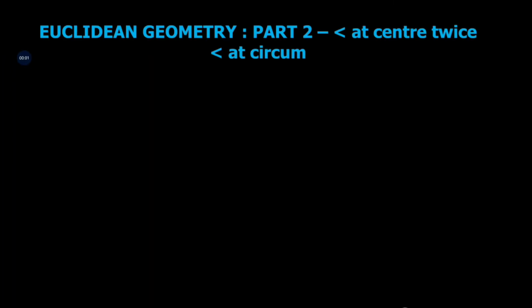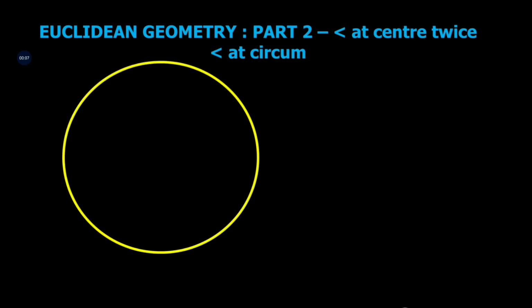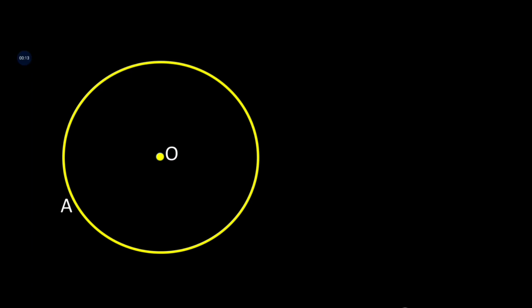The second theorem that we're going to prove is about the angle at the center being twice that at the circumference. Okay, suppose we have a circle with center O, and we're going to have an arc AB, and we're going to use this arc to construct an angle at the center, and the same arc will construct an angle at the circumference.